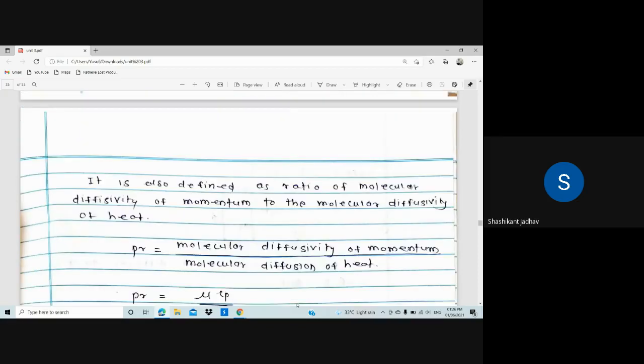Okay. Write down another definition of the Prandtl number. It is also defined as the ratio of molecular diffusivity of momentum to the molecular diffusivity of heat.